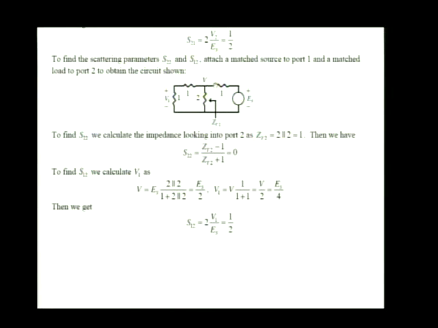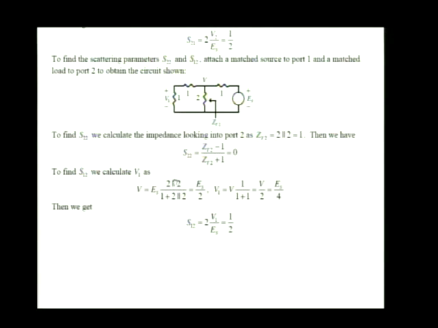That's what we want. So ES times that impedance of that portion of the network divided by the total impedance, the impedance of this portion of the network and this impedance of 1. So the voltage V is ES times 2 in parallel with 2 divided by 1 plus 2 in parallel with 2.